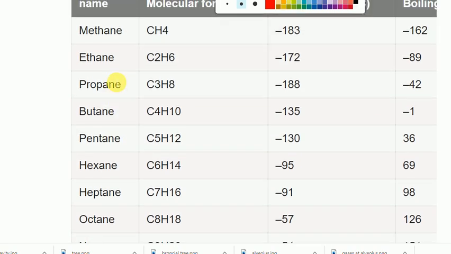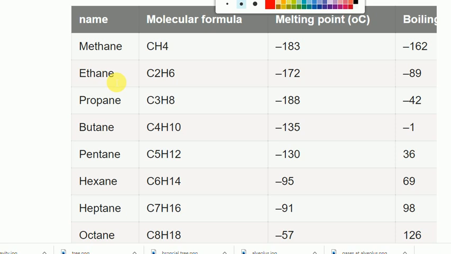So you are starting with meth, eth, prop, but, then we are going to pent, hex, hept, then oct, non, then dec. So that's the simplest way to remember the nomenclature of organic compound.